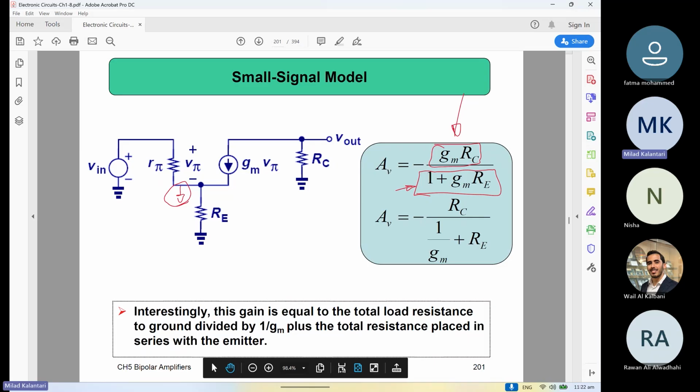So is there a better way to calculate this thing, an easier way? It is possible. Do you remember I was saying that the base and emitter have some relation from the impedance level?